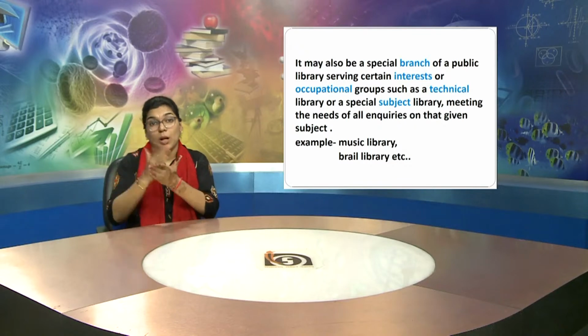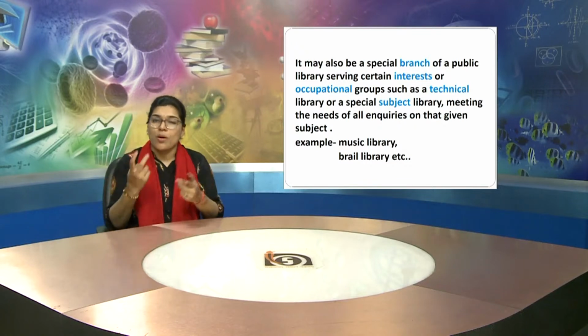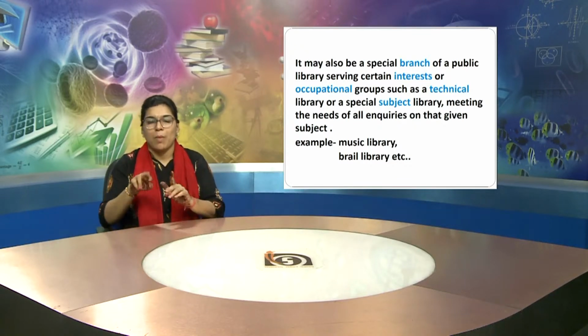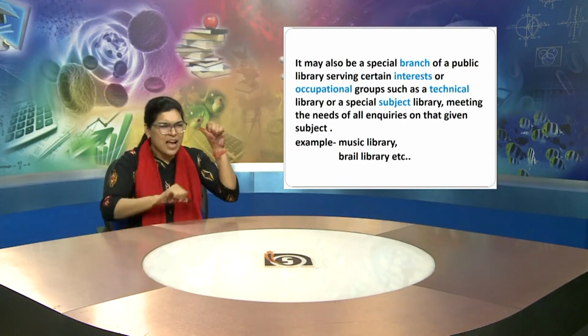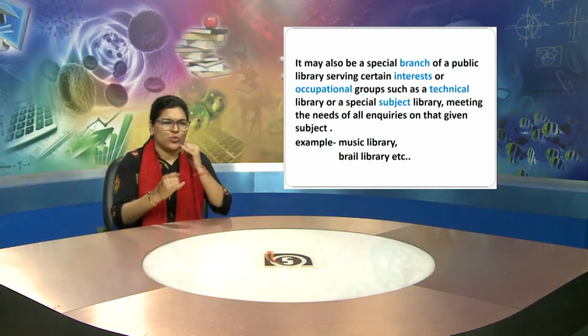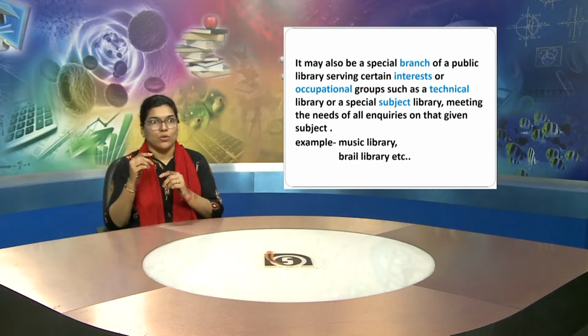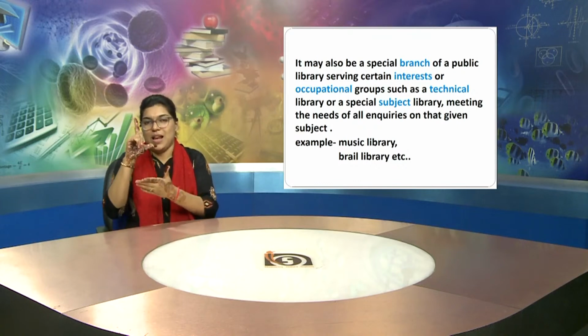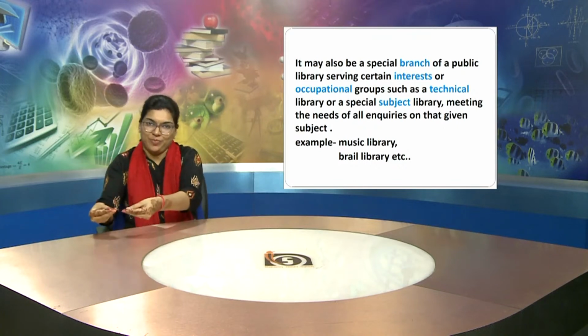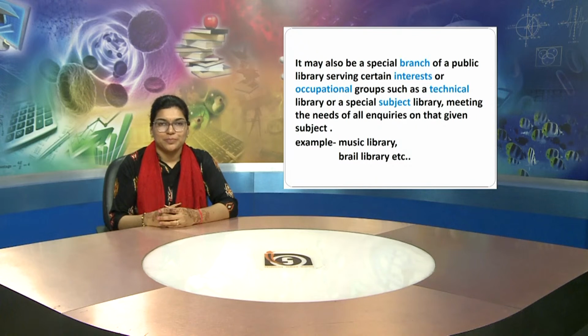Examples are music libraries, or sometimes braille libraries. So these are a few examples. In other libraries, we can find any book in general, but these are some special libraries.